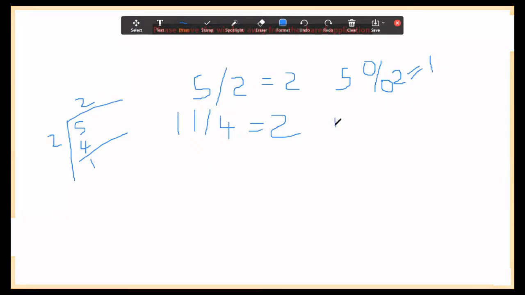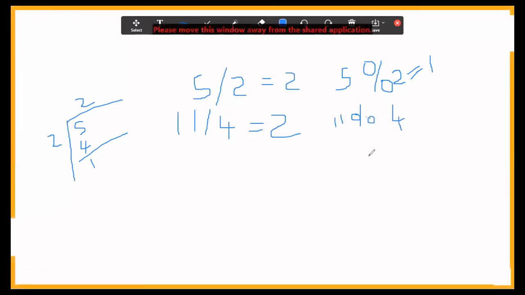Same way for this, when I say 11 percentage 4, once you divide 11 by 4, 2 times it will go, so 2 8 is 8, and the remainder is going to be 3.